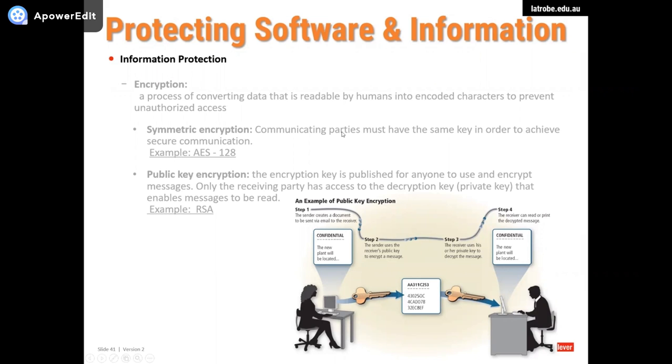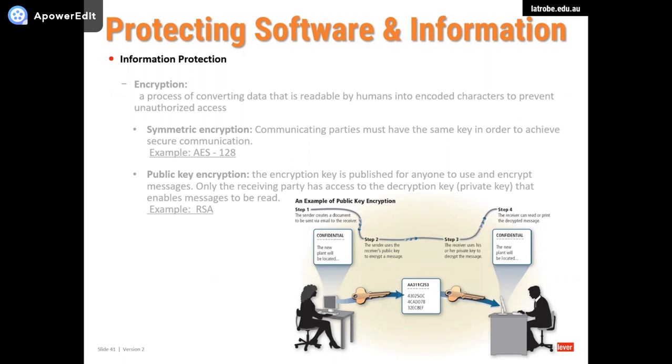But the main problem is that both sender and receiver must have the same key, so they must agree on the key in the very beginning. But what if the sender and receiver are far away and it's not possible for the sender to tell the receiver the key? Then we have the public key encryption method.